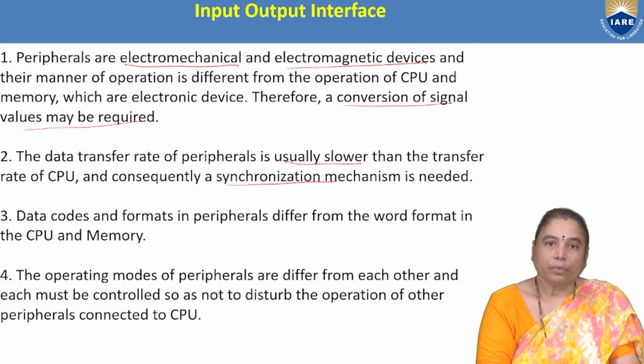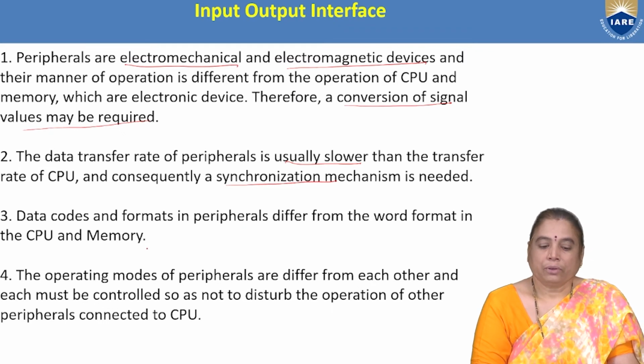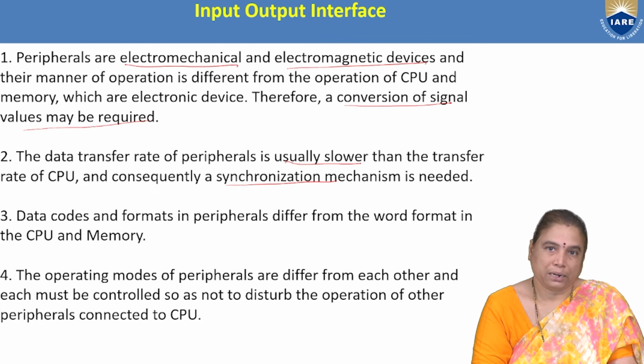The third reason for the need for an interface is that data codes and formats in peripherals differ from the word format in the CPU and memory. The data codes used in the input-output device for data exchange can be different from the CPU or memory word representation.